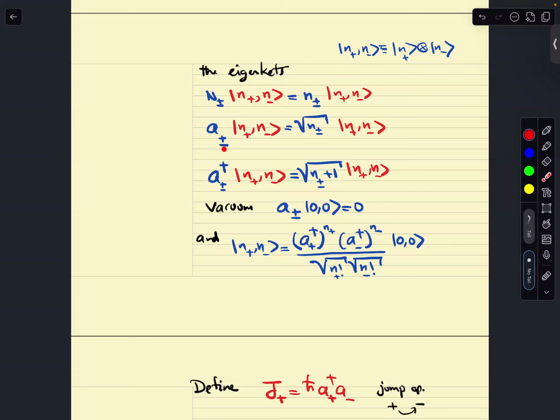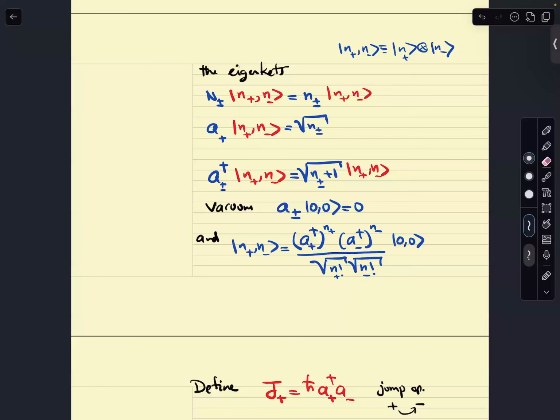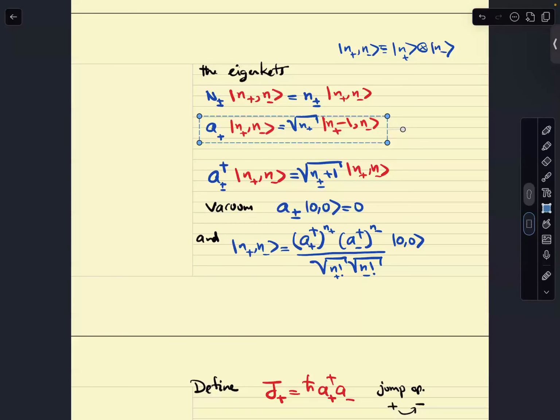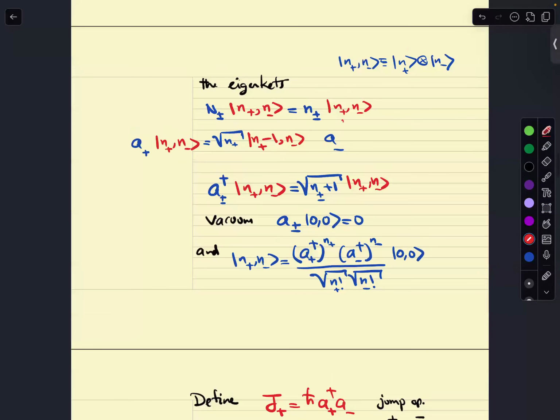When you act with A plus and A minus, sorry, these are typos. So when you do this, you're going to get n plus minus 1, n minus, and when you act with A minus on n plus, n minus, you're going to get this.